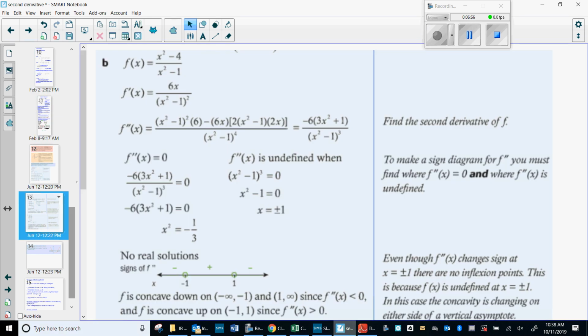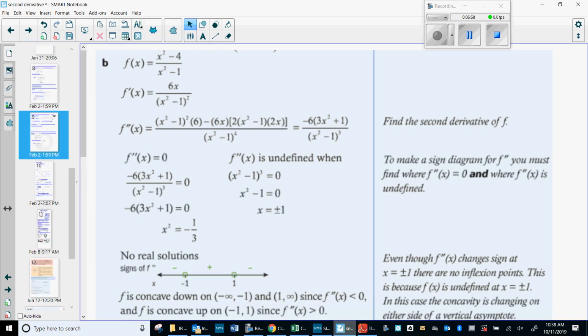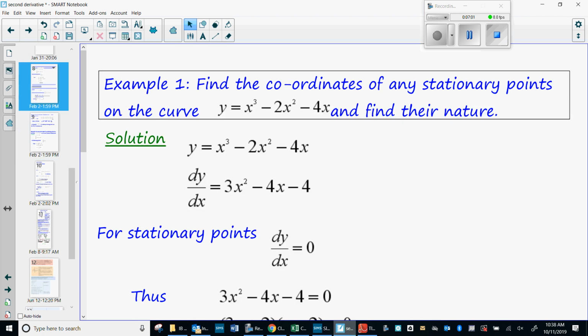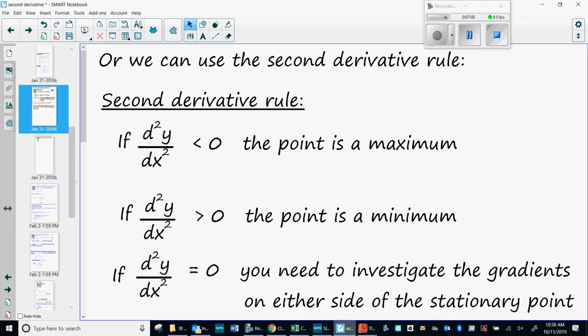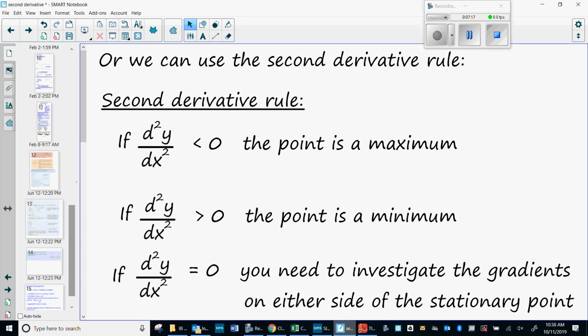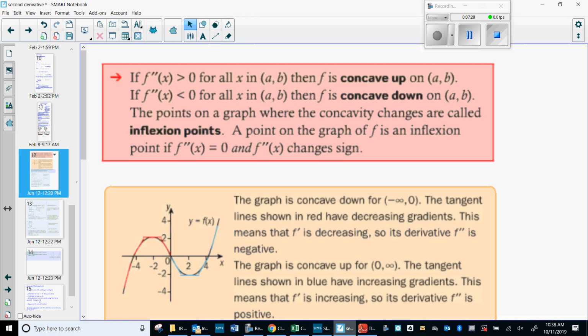Remember, here I've said, here it was maximum, here it's minimum, here you need to investigate. So if it is equal to 0, it is usually a point of inflection, but it's not always. So you do have to check that there is this change in concavity before you start saying yes, for sure it's a point of inflection.